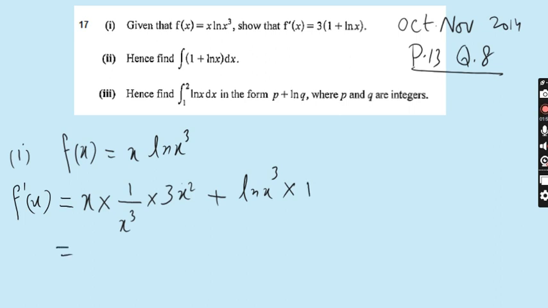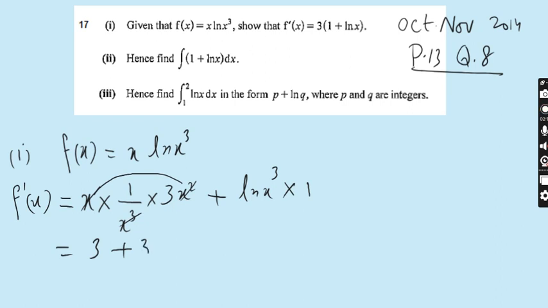Now x square multiplied by x is x cube. This x cube cancels with the denominator x cube. So 3 is remaining, plus ln x cube into 1 is ln x cube.